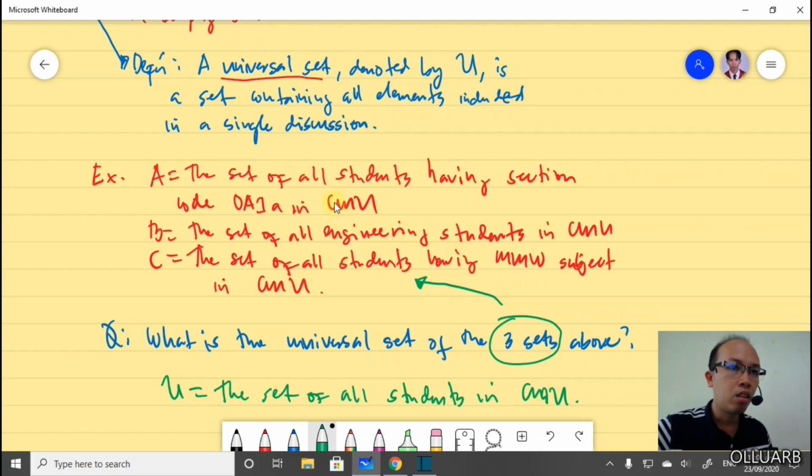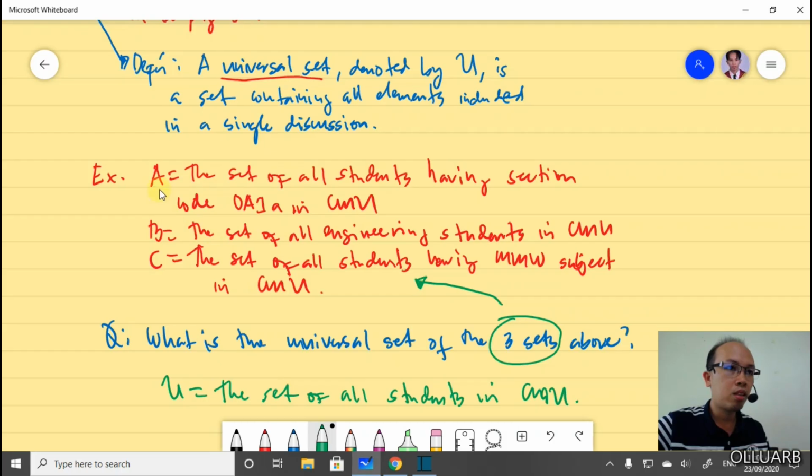This word here, CMU, is very important, because probably there will be an existing code in other universities, like in VSU or in Palawan State University. So this is a very important keyword here. Notice that we can say that this is universal because this is a really big set.